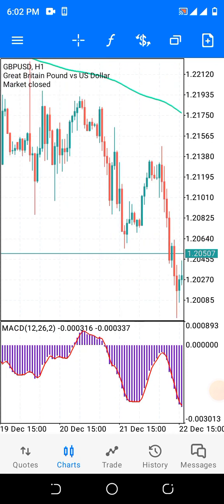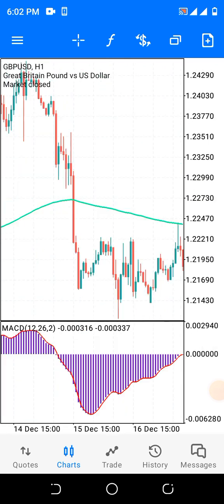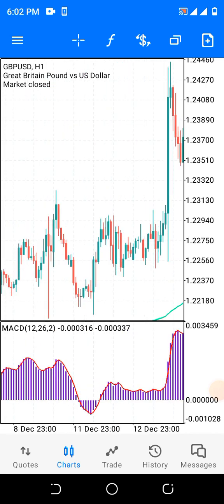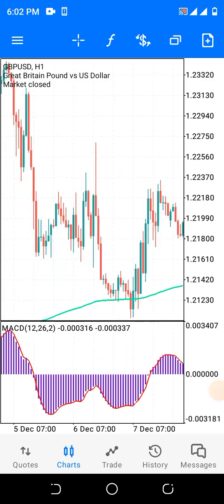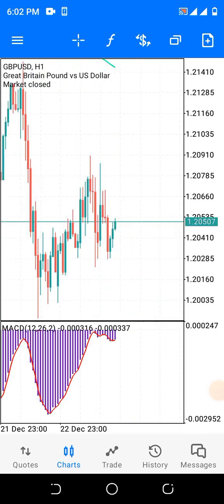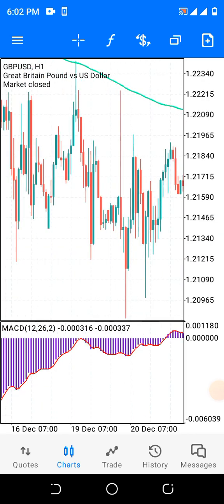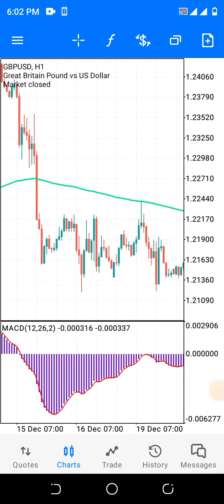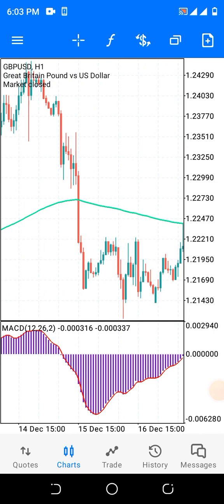So first of all, two indicators, moving average and the MACD. Let me show you how to set up the indicators before we go deep on how to apply it, when to enter and when to exit.